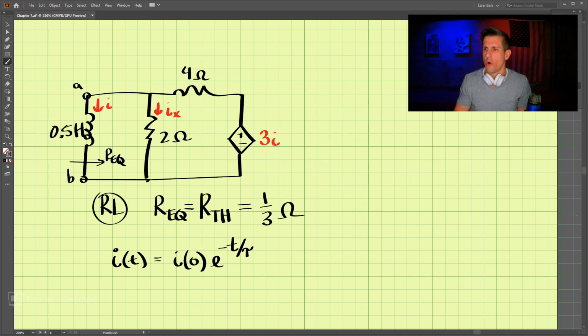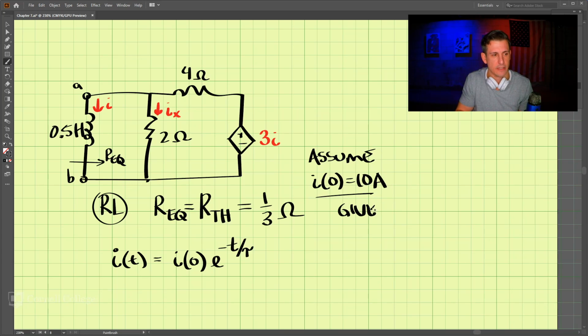We were supposed to assume the current at time 0 equals 10. That was given in the problem. I forgot to mention that. So I of t is equal to 10 amps times e to the negative t over tau.